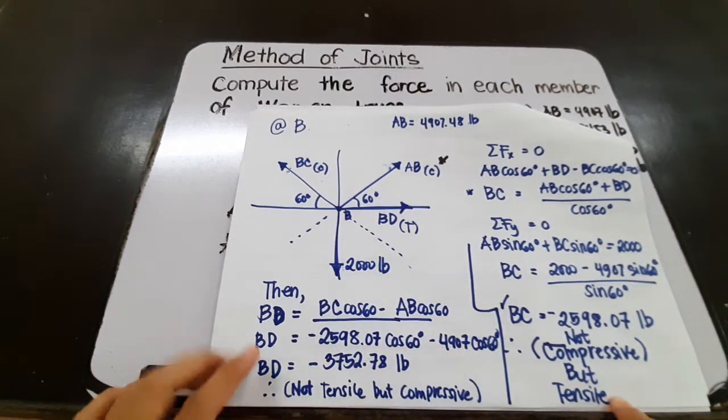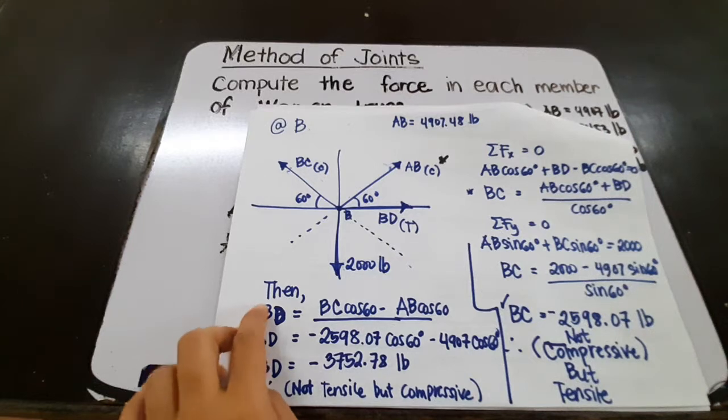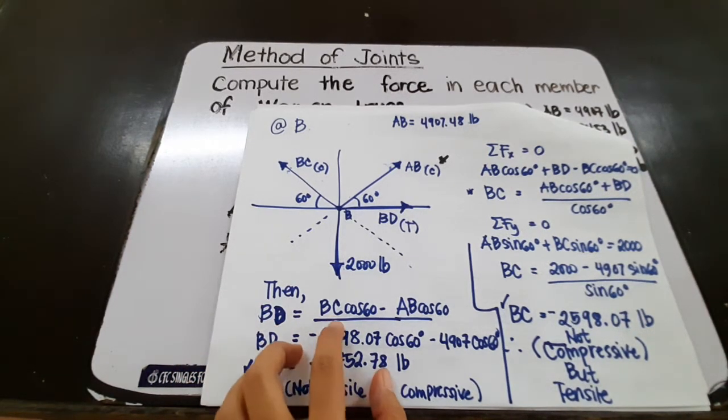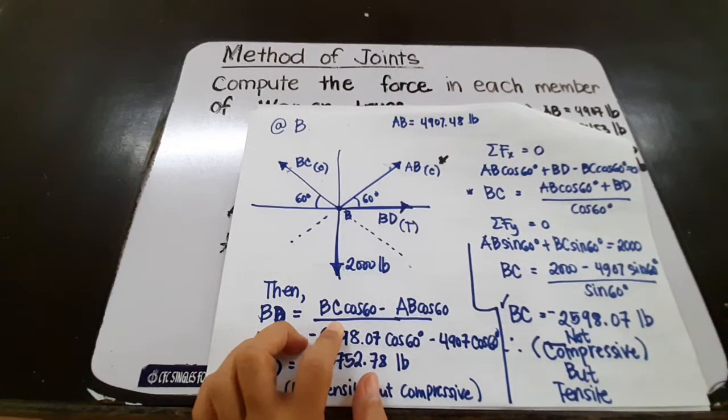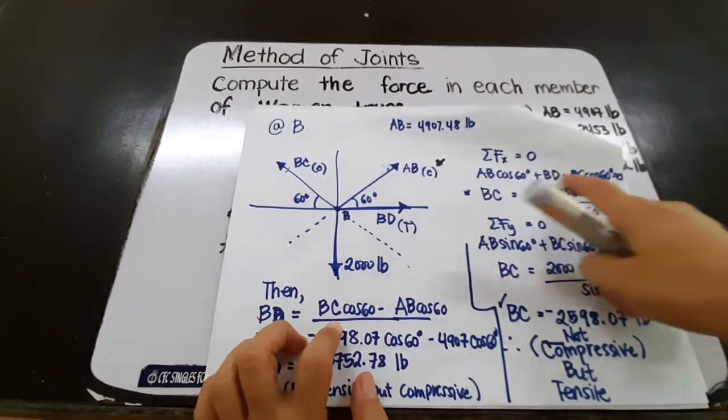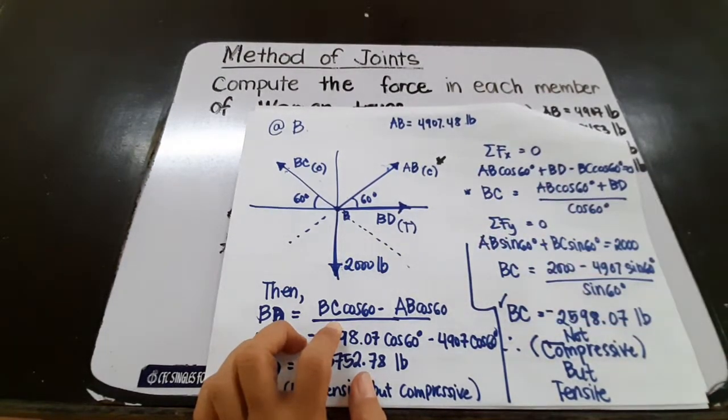Next, we solve for BD, and that is BD equals BC cosine 60 minus AB cosine 60, coming from this equation.